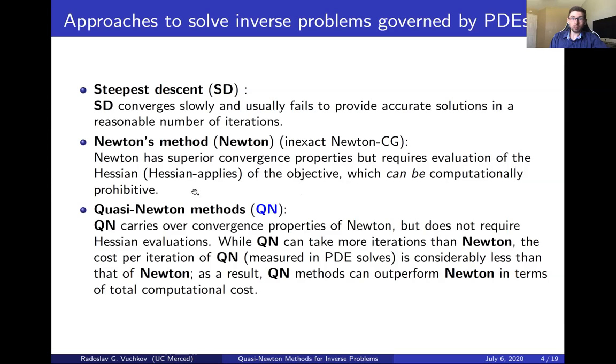That leaves us with the methods we'll be talking about today, which are Quasi-Newton methods, where we build a Hessian approximation using only gradient information. Quasi-Newton methods generally take more iterations than Newton methods, but each iteration is cheaper because it uses only gradient information. So you might end up with the total cost of Quasi-Newton methods being cheaper than Newton methods.